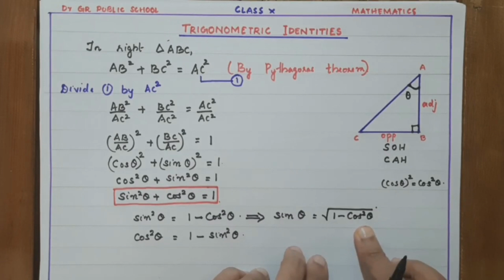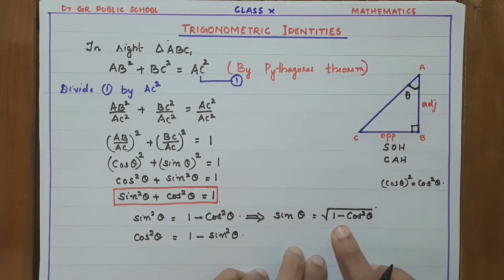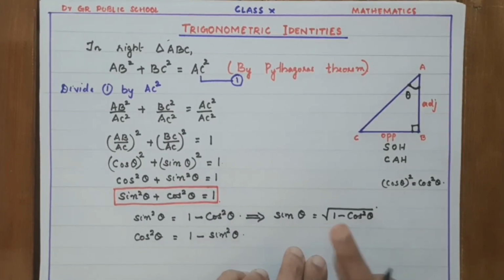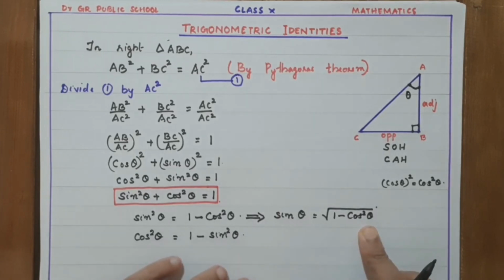Cos square theta also we can take the square root of. But in between we have a negative sign or subtraction symbol, so we can't take the square root separately. So square root of 1 minus cos square theta is that itself. Don't write this as 1 minus cos theta. It is square root of 1 minus cos square theta itself.